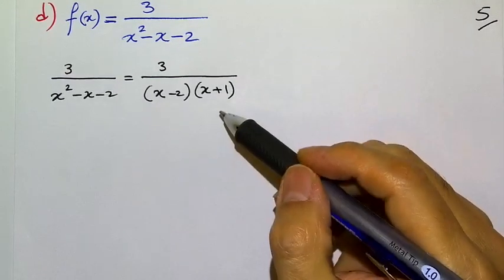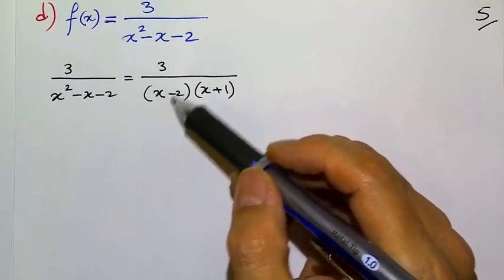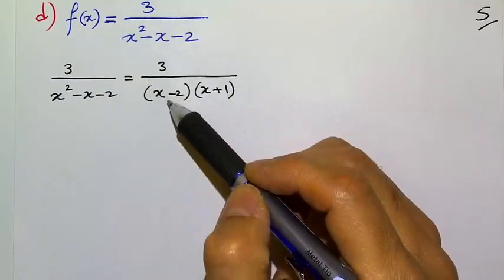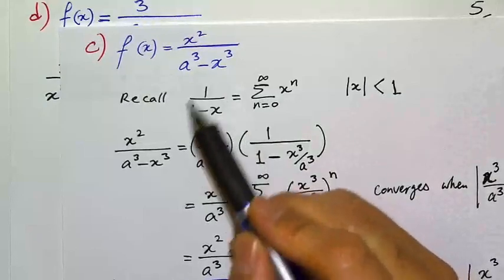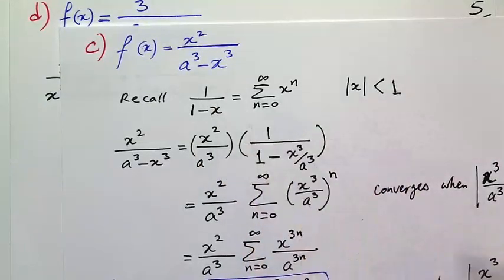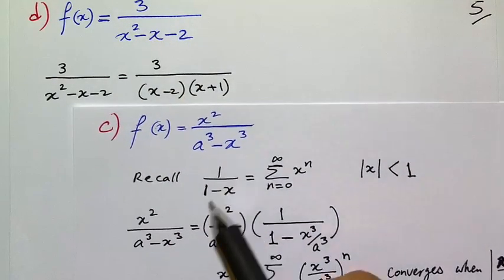Now at this point, one thing we should do, because we really need to get this function to look like 1 over 1 minus x, right? We really want this form. If we don't have that form, then our efforts will be very difficult to rewrite this in terms of a power series. So we want this form.